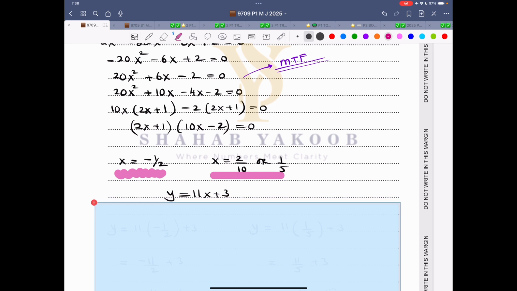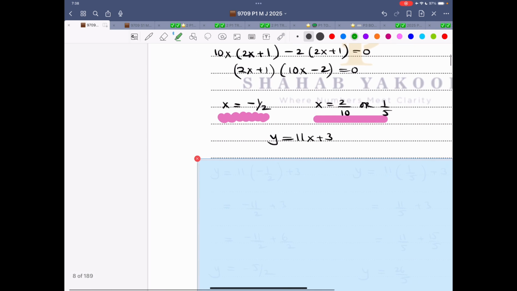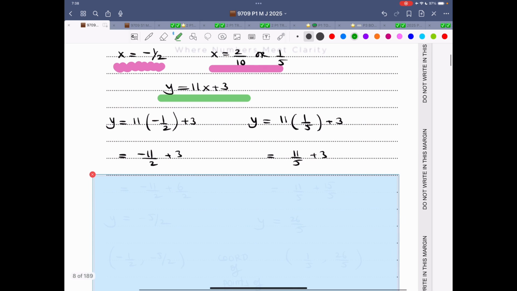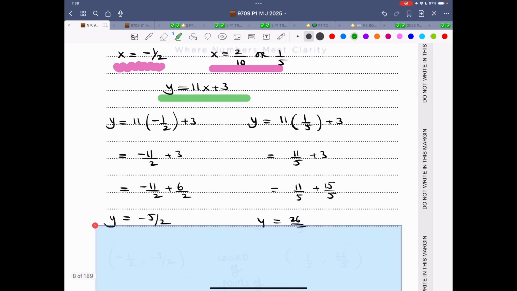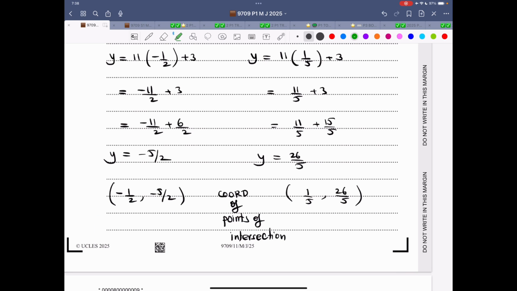And then we find the corresponding value by plugging in this equation. Y is equal to this thing. That's right over here. Y is equal to 11x plus 3. You plug it in, you simplify, and then you are getting these values. Expect the unexpected. And these are the coordinates of the points of intersection.